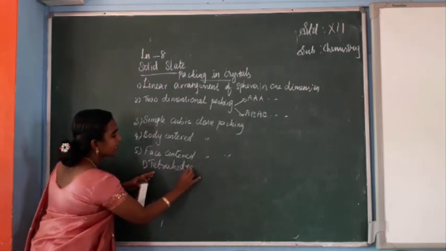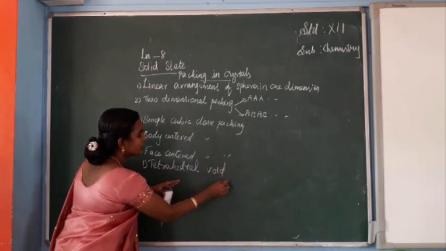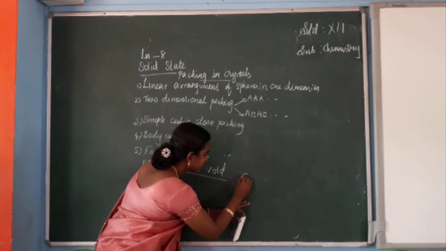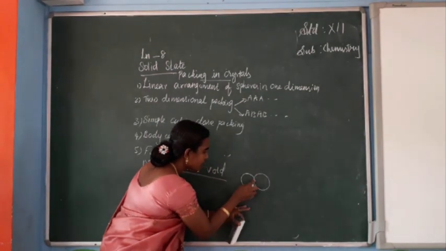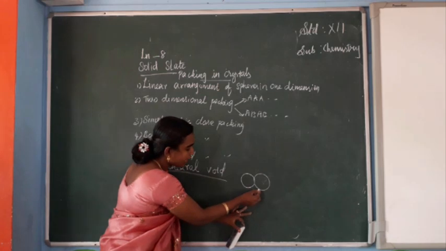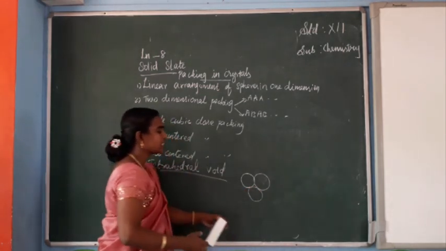We can explain like this. Tetrahedral void. Consider three spheres like this. The spheres are atoms. One sphere here, the next one here, and one more sphere. We have to draw the depression in this region.